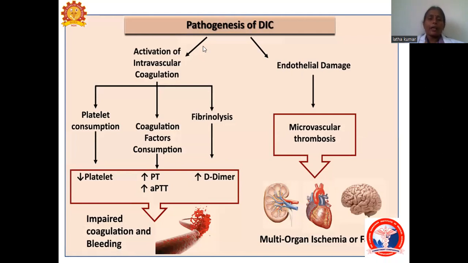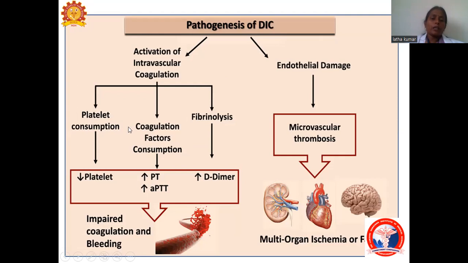It may be due to activation of intravascular coagulation or endothelial damage. First, activation of intravascular coagulation may be due to platelet consumption, coagulation factor consumption, and fibrinolysis.